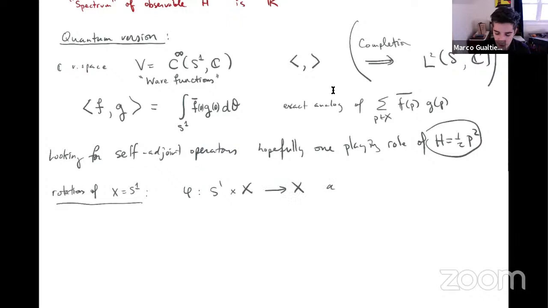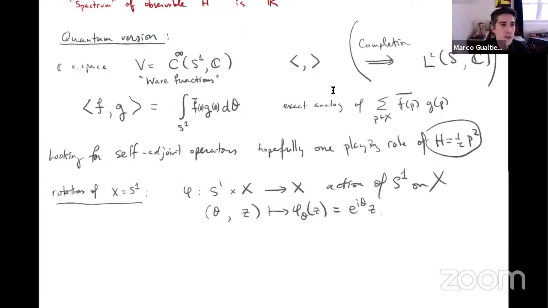So we have an action of S1 on X, which takes theta and a point x to phi theta of x. Actually, I'll use z for a coordinate on the circle, for a point on the circle, and this will be e to the i theta z, just rotation.